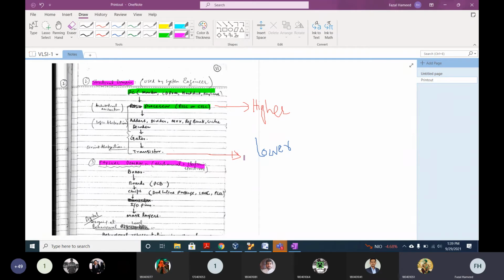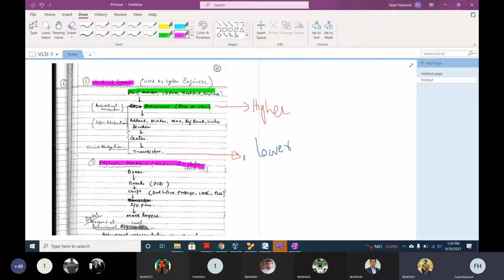The system engineer designs the complete system. He combines various components to realize a complete system, putting different things together. He designs how the different components of the system should be connected together to realize a complete system.